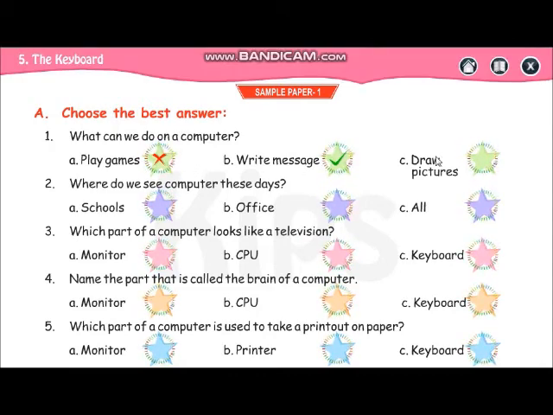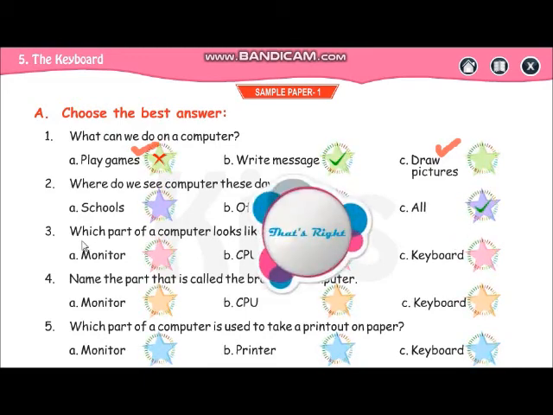Actually, you tick all the ones because we can play games also on the computer, we can write messages also, and we can draw pictures also on the computer. Okay, so you tick all the three ones. Okay. Where do we see computer these days? School, office, or also all?